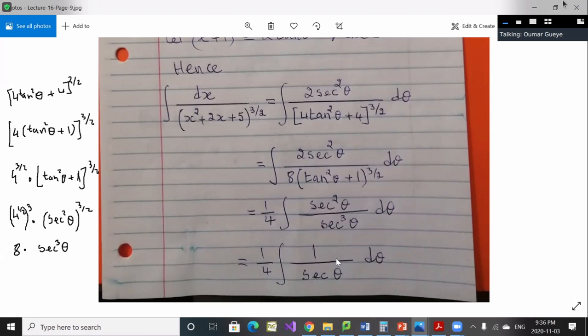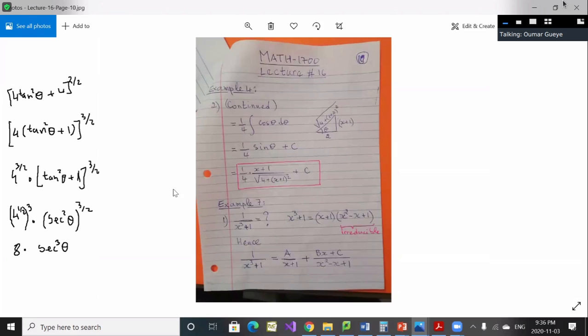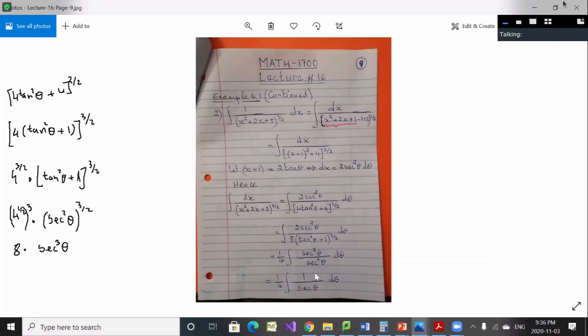Any question? All right, so you can move to the next page. As I told you, here we substitute 1 over secant theta equal to cosine. That's what I did on the top of the next page.